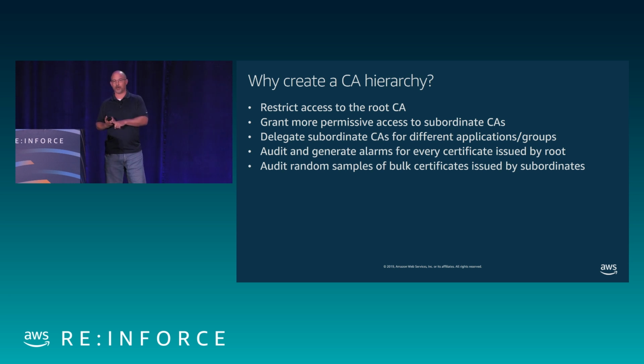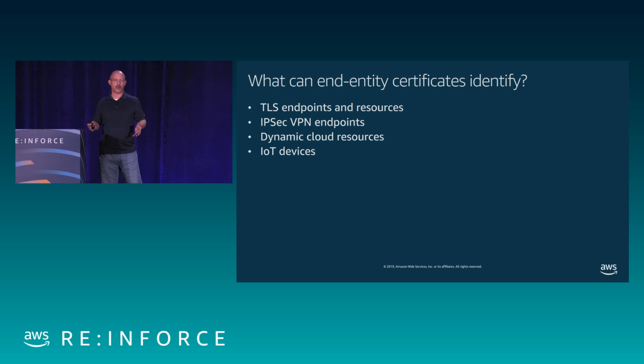That's an uncommon operation. Whereas subordinate issuing CAs issue certificates in bulk, maybe thousands of certificates per day. You want to audit random samples, but you're not going to have the bandwidth to look at every single certificate in depth. And so that's another reason why we have a hierarchy, so we can separate these controls and policies.